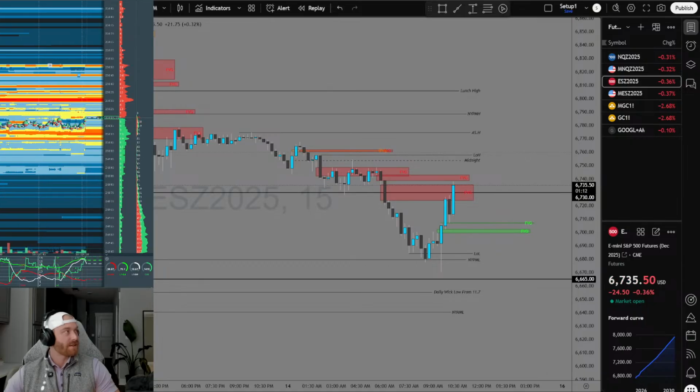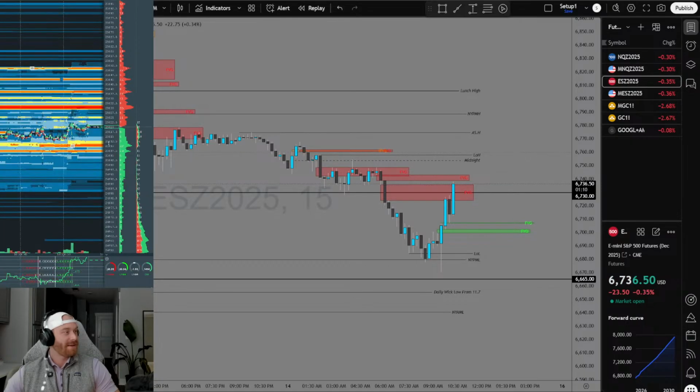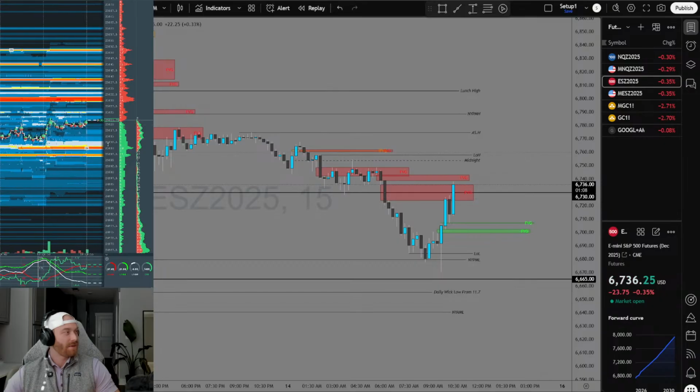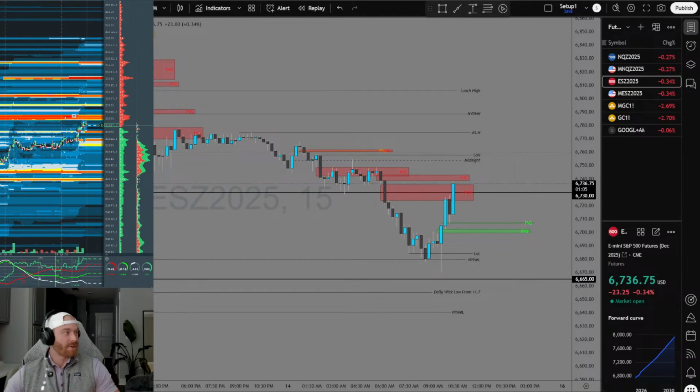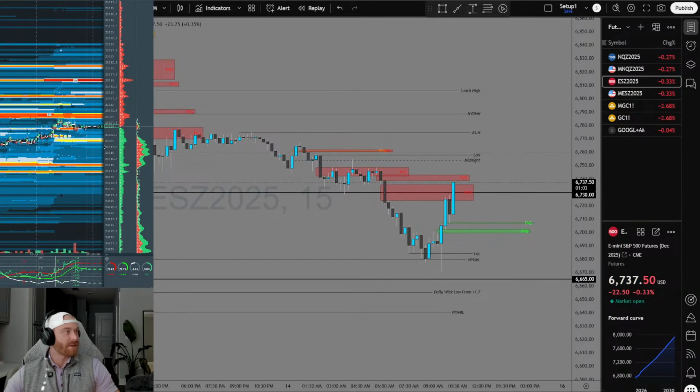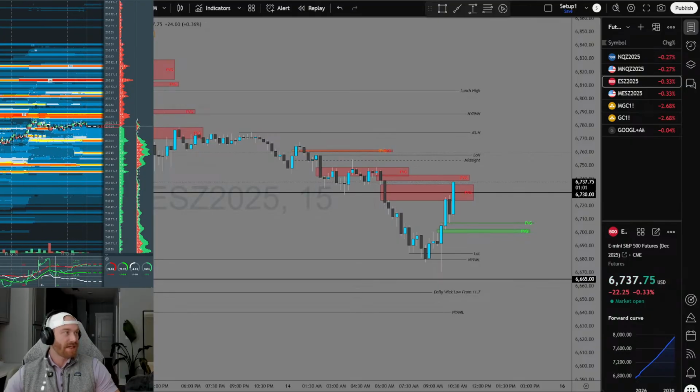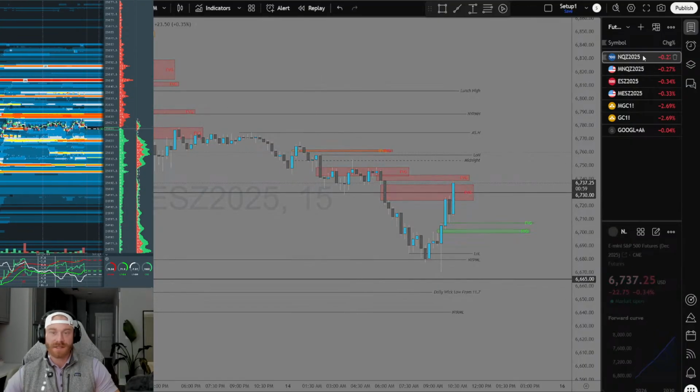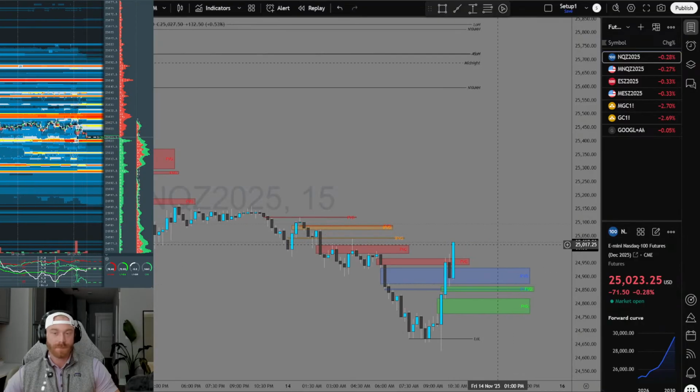I hate how stupid this looks. I see a couple big orders up to this 25,030 level, and then a little bit higher than that, but not tremendously. We'll see though.